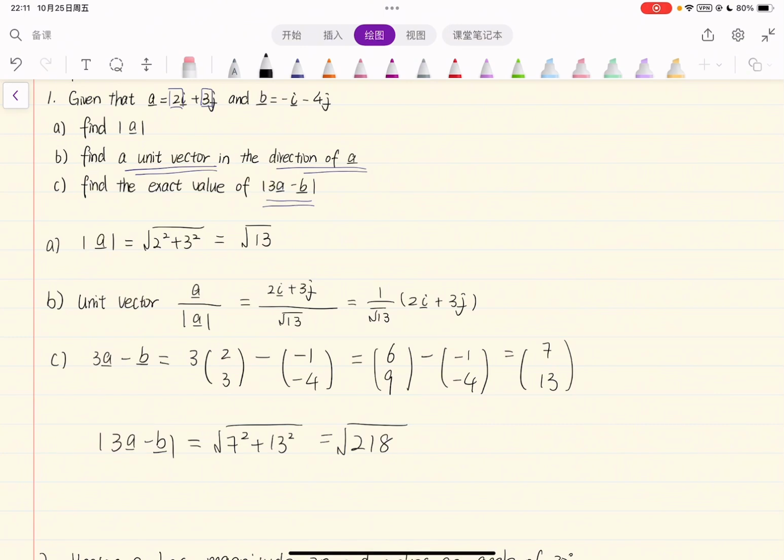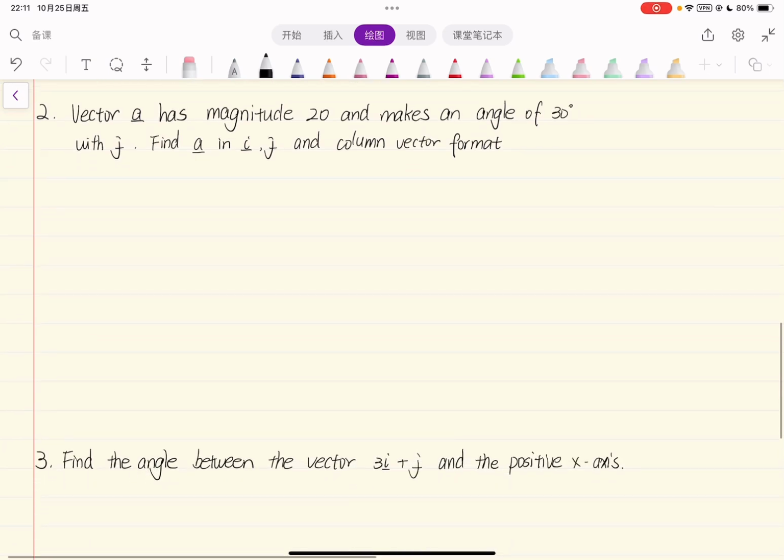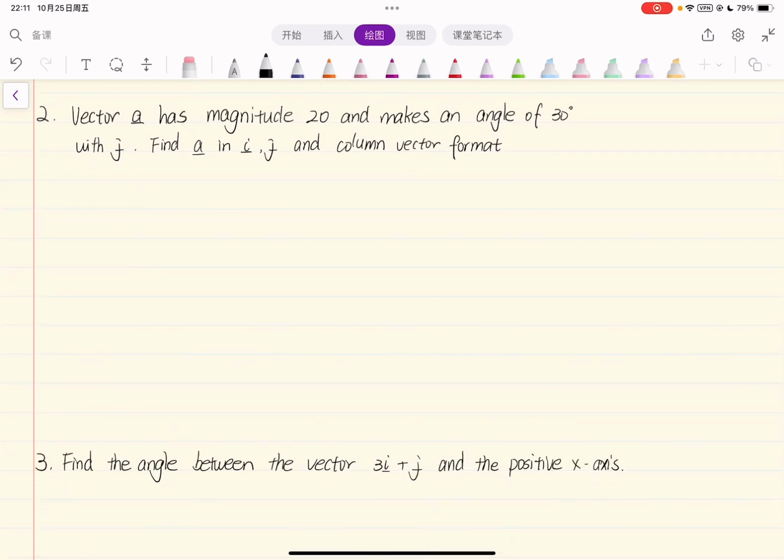Now move on to the second question. Here a vector A has magnitude 20 and makes an angle of 30 degrees with j. Find vector A in i and j and also in the column vector format. Well, we can firstly do a sketch.